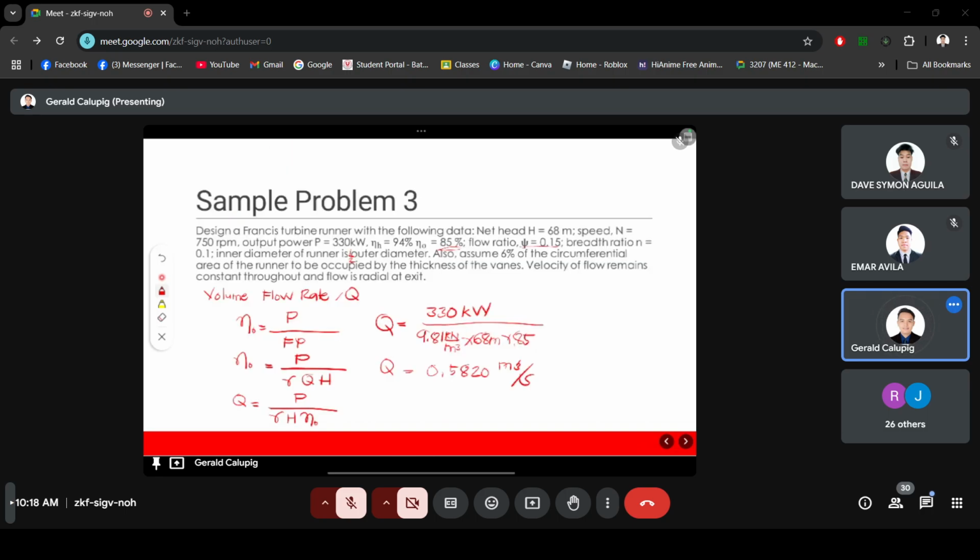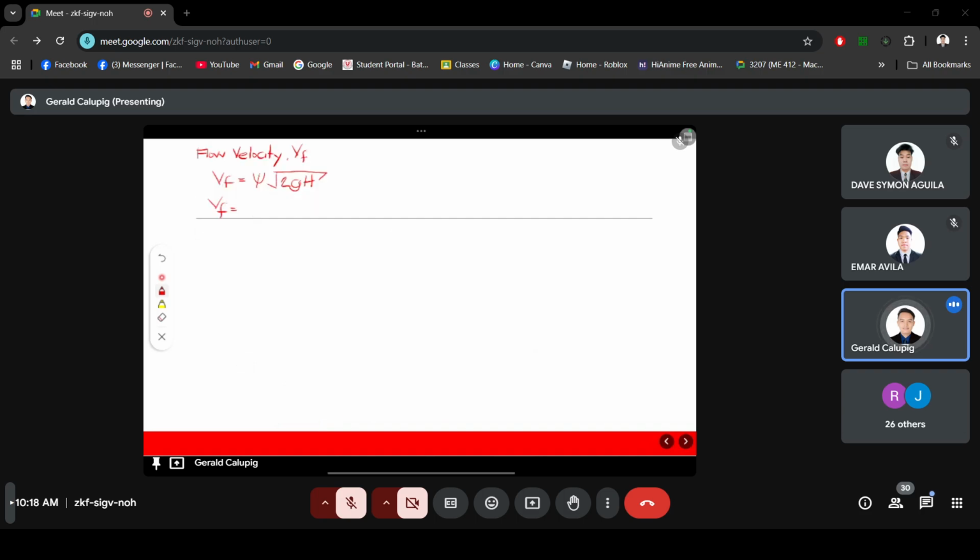So we have 0.15 times the square root of 2 times 9.81 meter per second squared times what is the value of our H? 68 meters. Okay, thank you. Our Vf is equal to what?